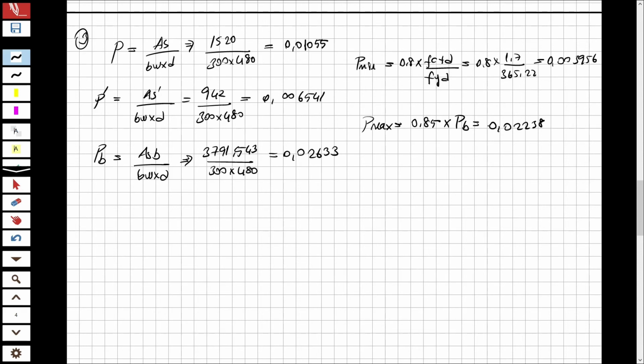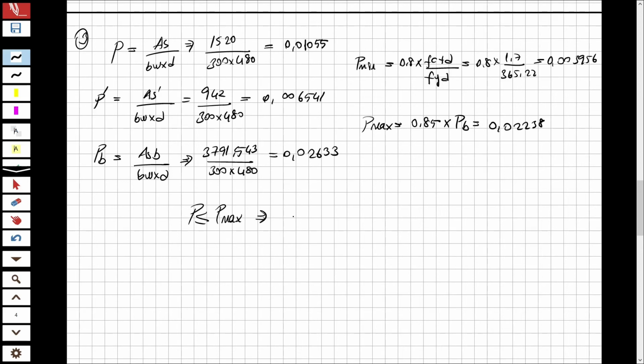So now we are going to compare whether our steel is under reinforced or over reinforced. Okay, again, row has to be smaller or equal to row max. Let's make the check.